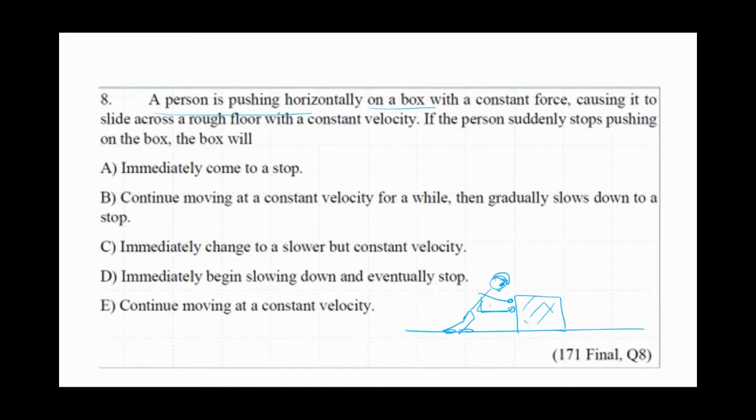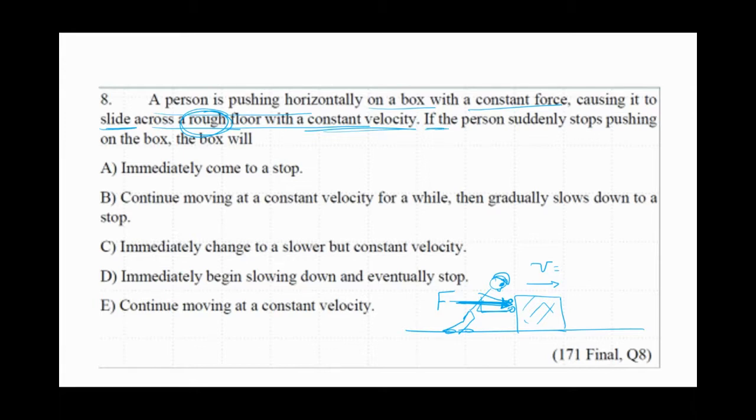Someone is pushing the box with a force F. So he applies constant force, causing the box to slide across a rough floor, which means there is friction, with a constant velocity. So this box moves with a constant velocity, whatever the velocity is, 2 meters per second, 3 meters per second, whatever.